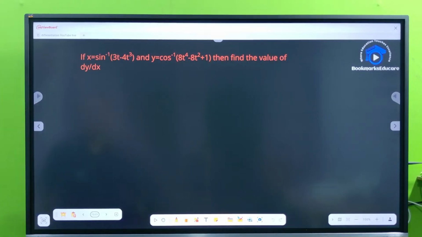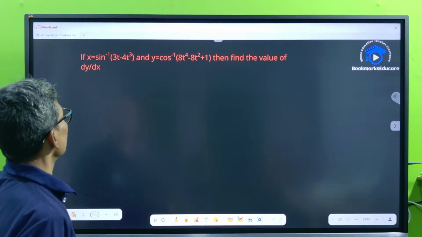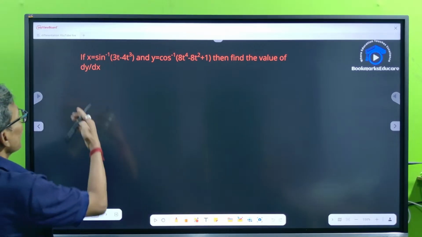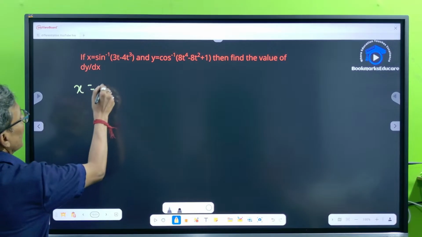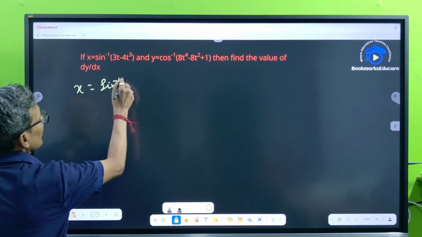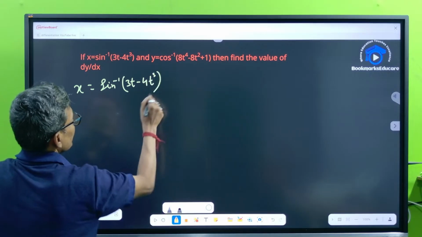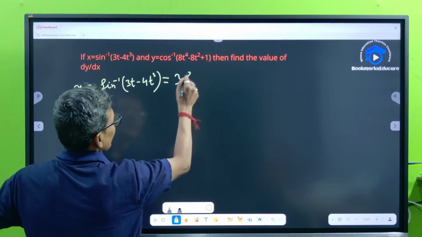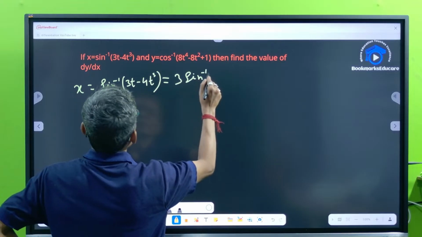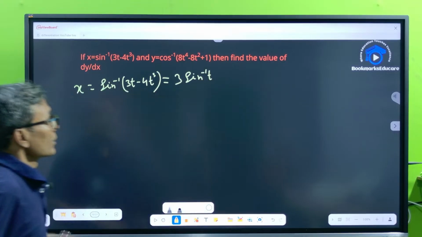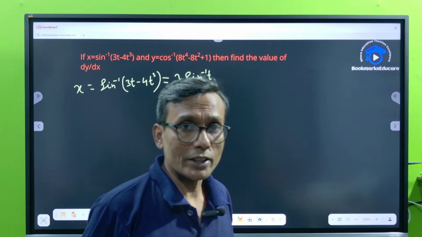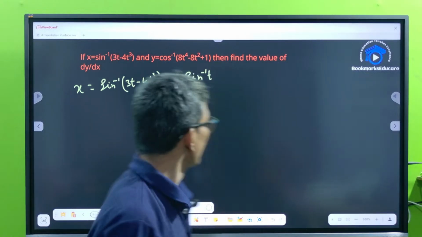Another sum is, if x is equal to sine inverse 3t minus 4t cube. This is meant 3 sine inverse t. This is the formula of inverse trigonometric function.